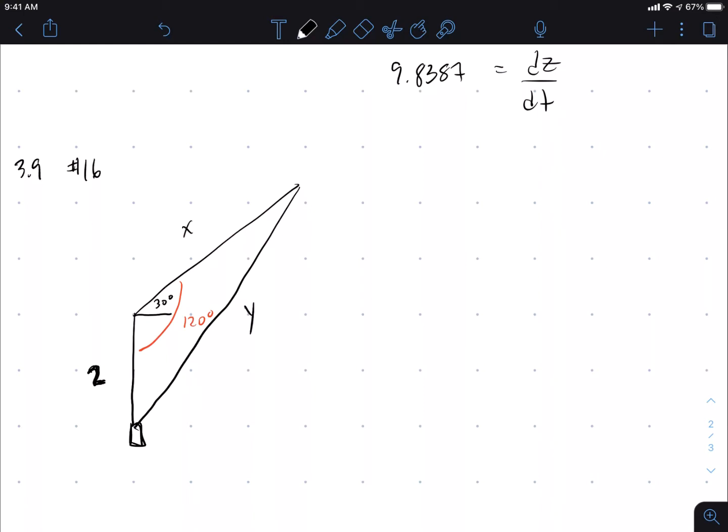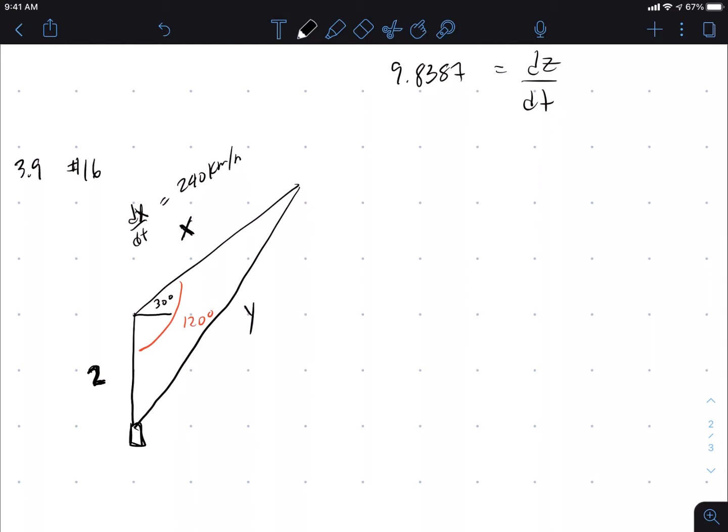Now, we know that the plane is flying how fast? I told you it was going 240 kilometers per hour, right? Yes. We agree? Okay.